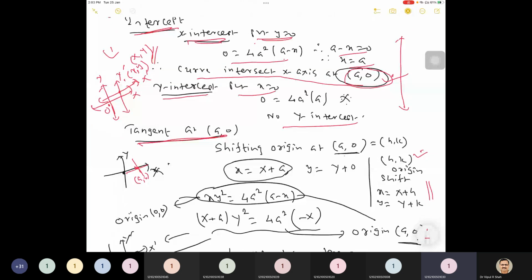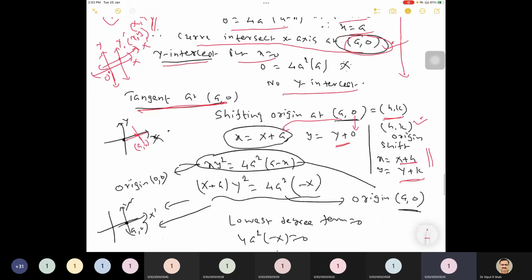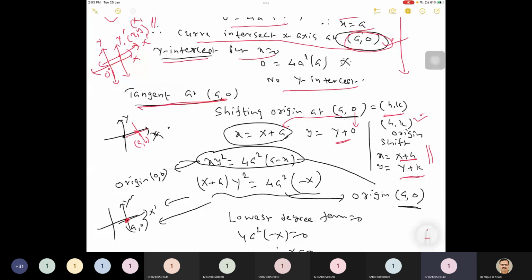So shifting the origin at a0. a0 is our (h, k). x equal to X plus h. So x equal to X plus a. y equal to Y plus k. y equal to Y plus 0. આ 0 છે અને આ a છે, h k. Because now our origin is shifted here. આ આપણું origin થઈ ગયું. અગાઉ આ origin.